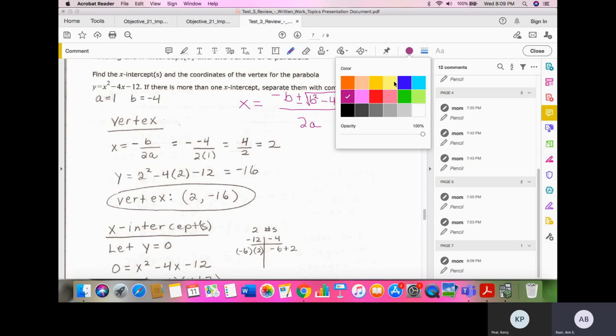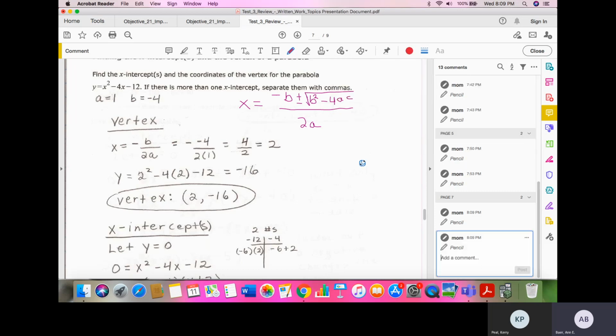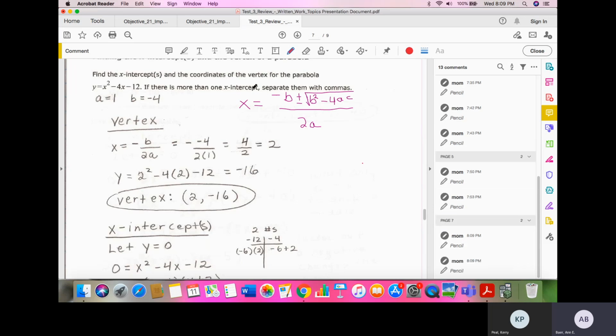Notice what's happening here. This part of the quadratic formula, right here, is the formula for finding the x-coordinate of the vertex of a parabola.